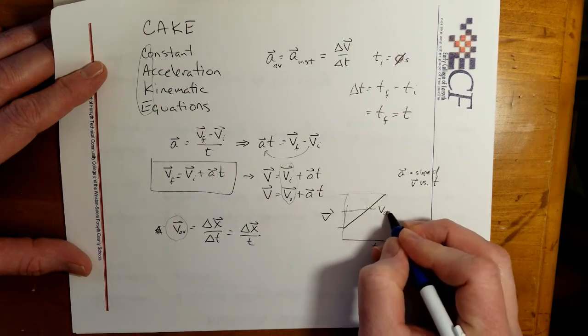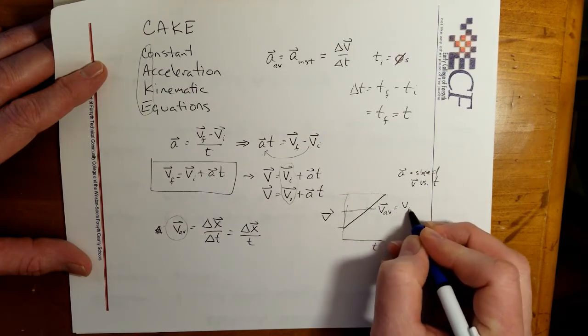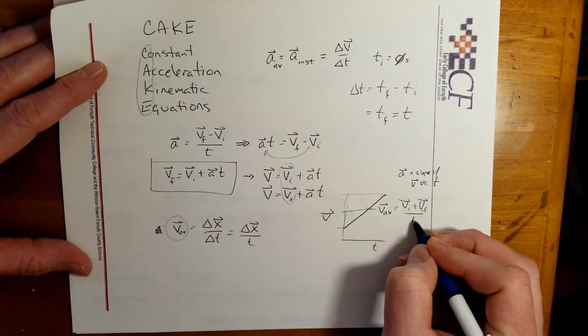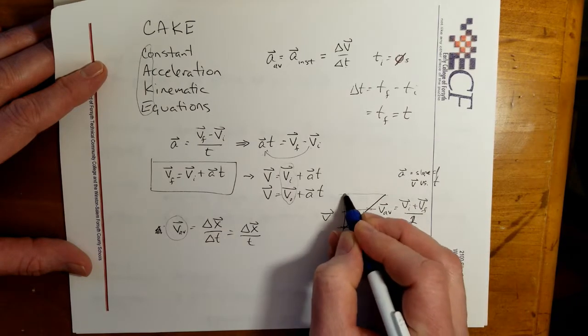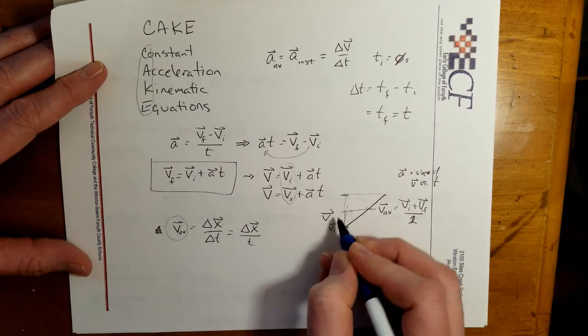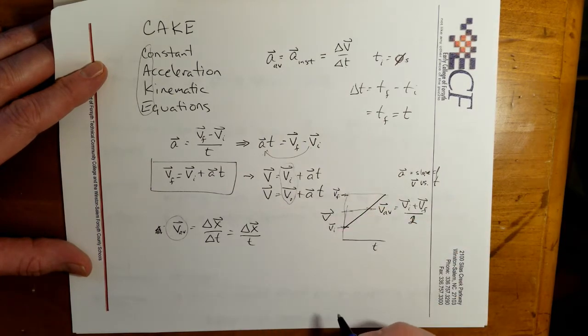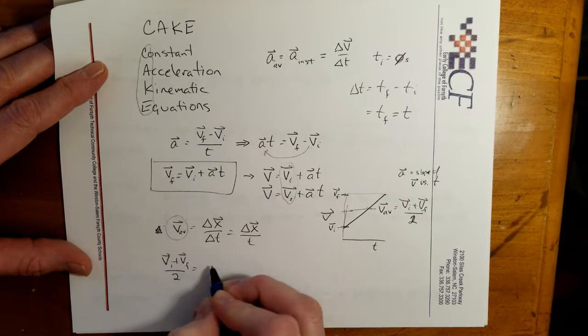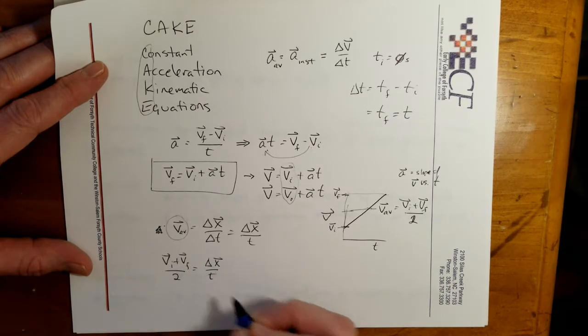So v average is just the initial velocity plus the final velocity divided by 2. It's just the average of those two numbers right there. This is your initial velocity, and that's your final velocity. And so we have vi plus vf divided by 2 is equal to delta x over time.